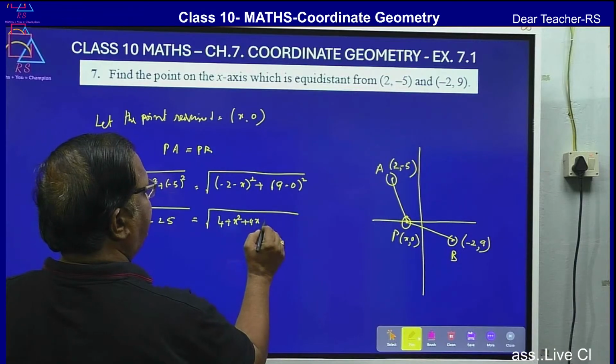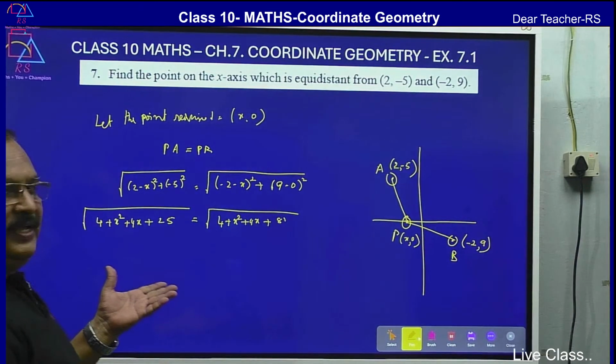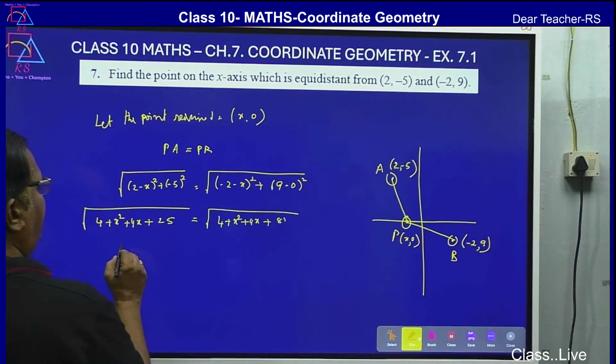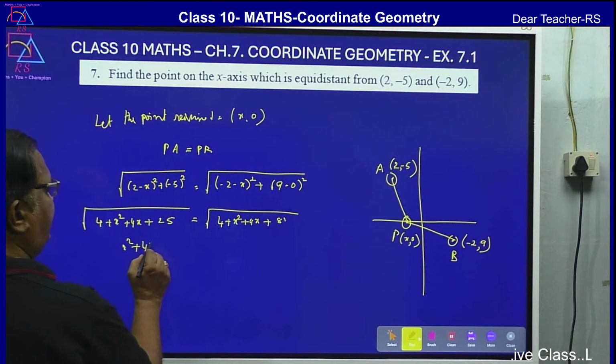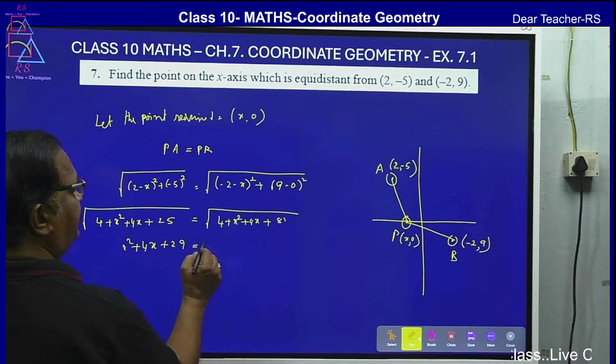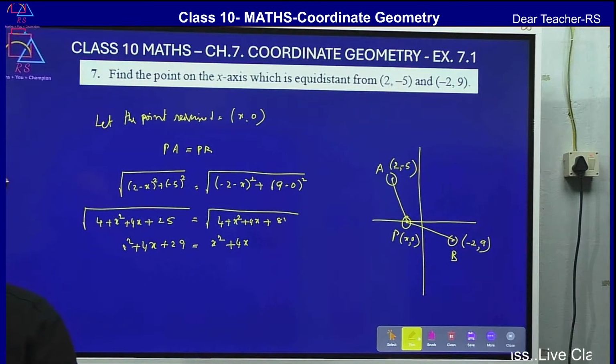So 4x, and 9 square is 81. Both sides have a square root, so you can remove the square root. So x square minus 4x plus 29 is equal to x square plus 4x plus 81. You have to find x.